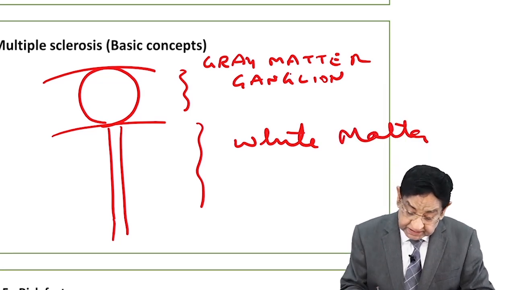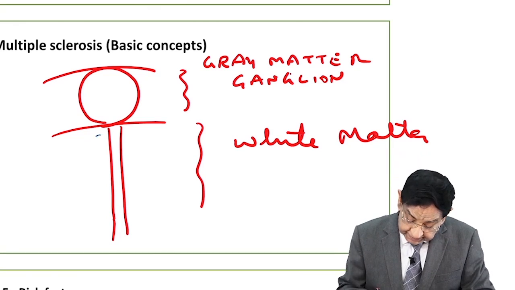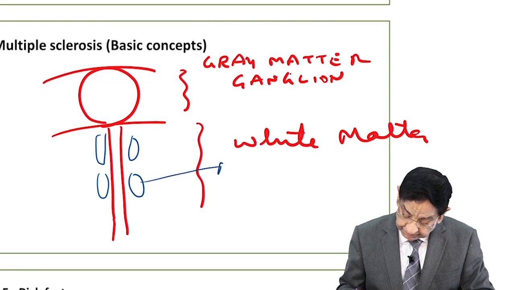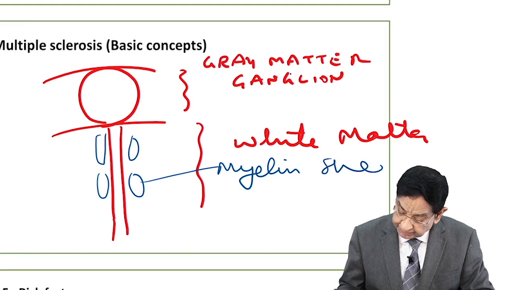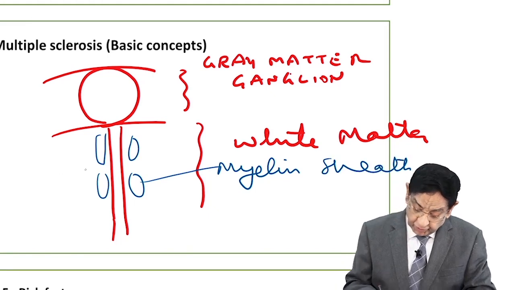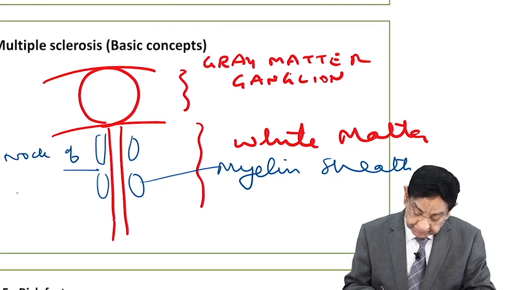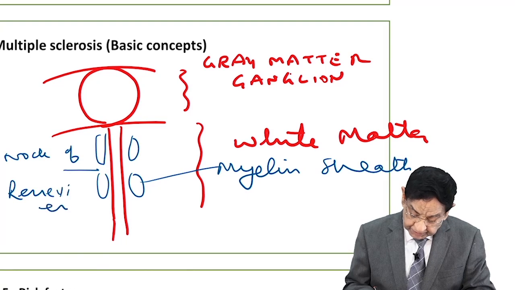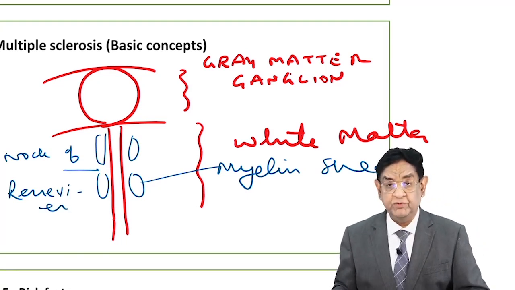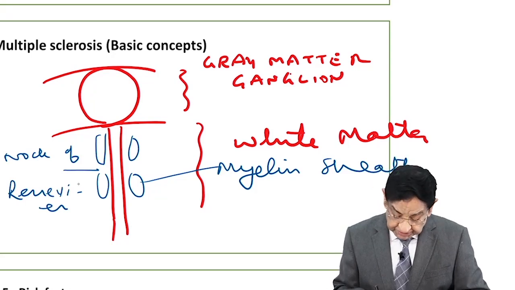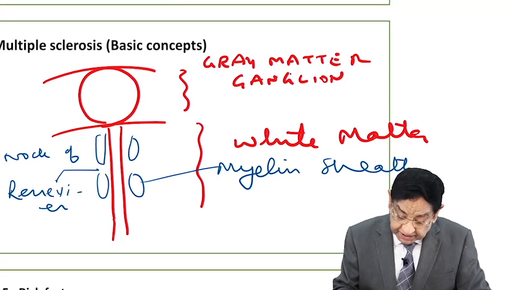Now, these are surrounded by myelin sheath. And we have a node of Ranvier. All of us are aware that we have nodes of Ranvier. And due to these nodes of Ranvier, there is saltatory conduction.